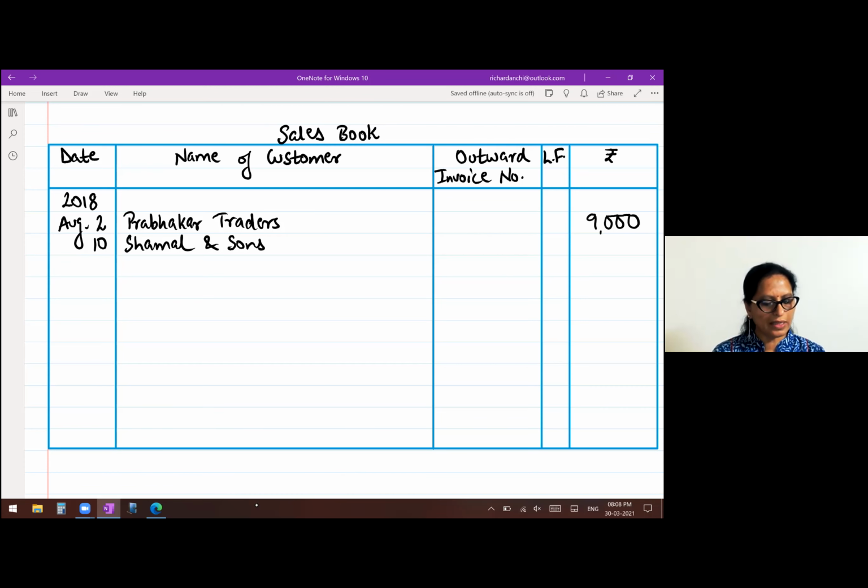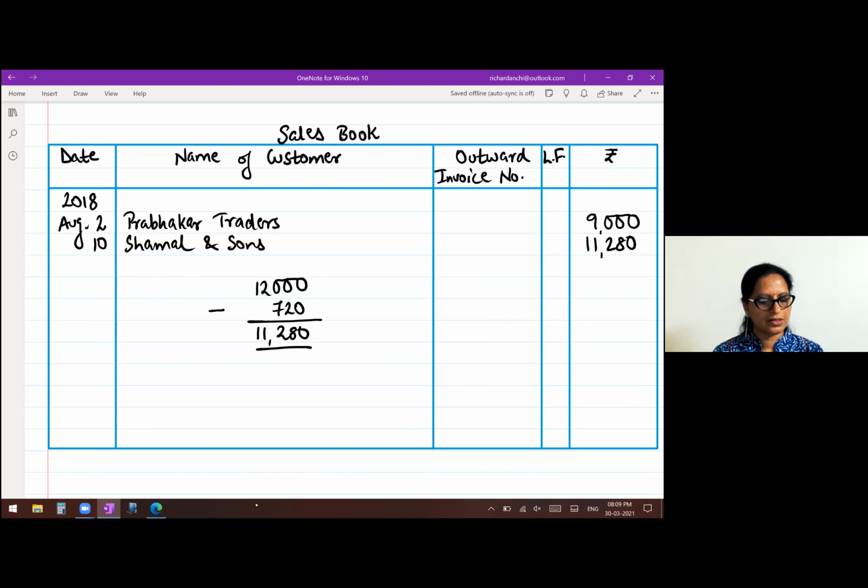So it is 12,000 at 6%. So deduct 6% trade discount. Balance remaining 11,280. So write that in the amount column.